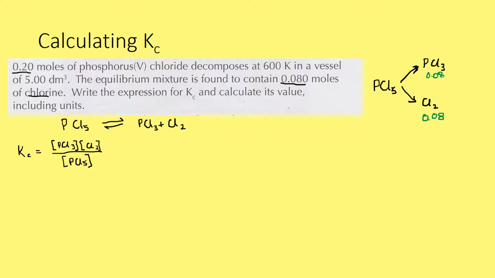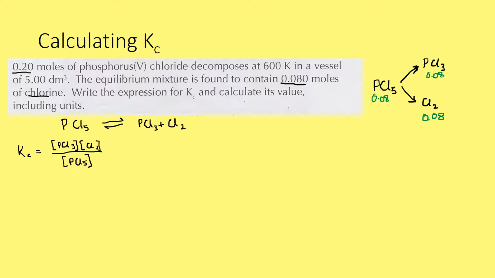Now, where have those 0.08 moles come from? They've come from phosphorus pentachloride. How much phosphorus pentachloride has it taken to make 0.08 moles each of phosphorus trichloride and chlorine gas? Of course, the answer is also 0.08 moles, because the one molecule of pentachloride gives us the two product molecules. Okay, so if that is the amount of phosphorus pentachloride that has decomposed, how much is left?